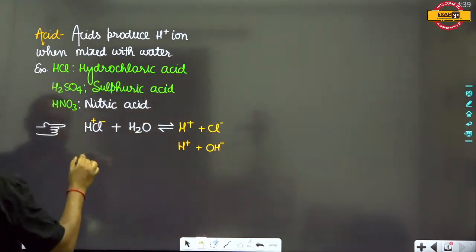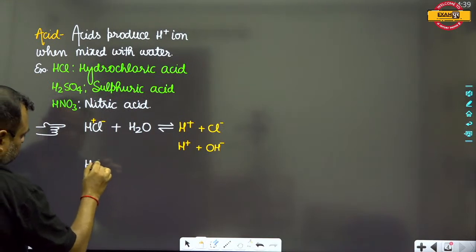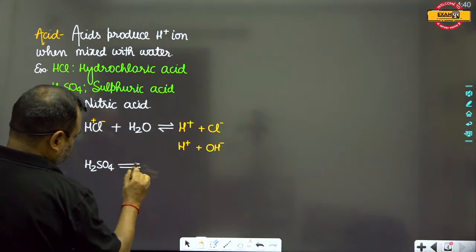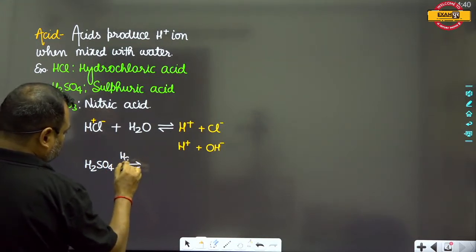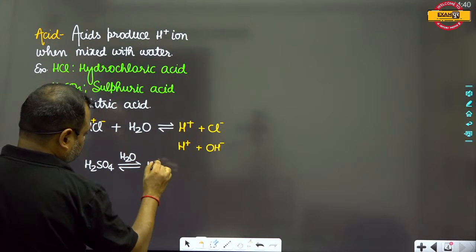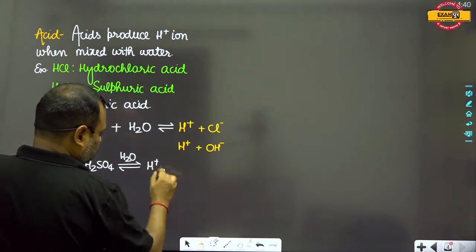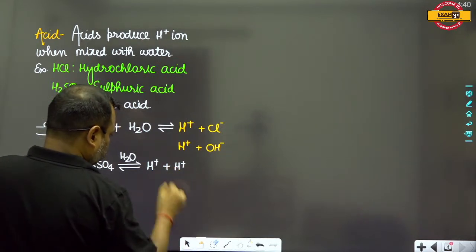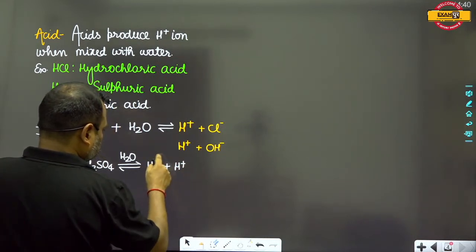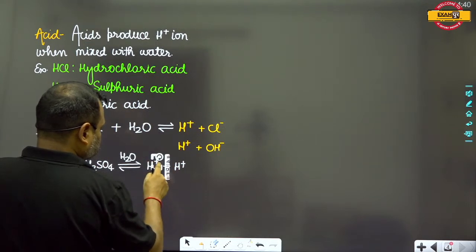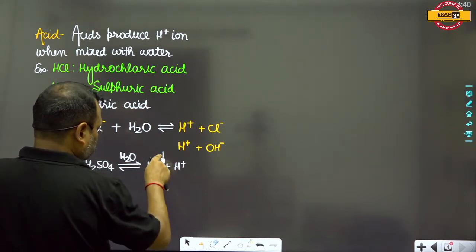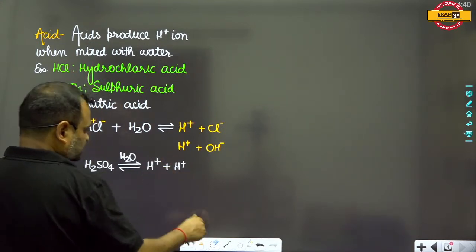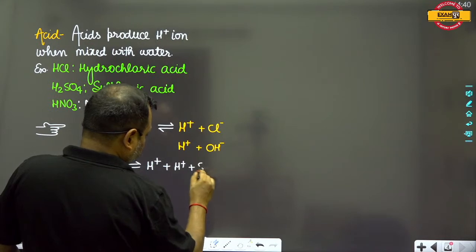Now if we add H2SO4 in the presence of water, we get H plus plus H plus, and plus SO4 minus minus.